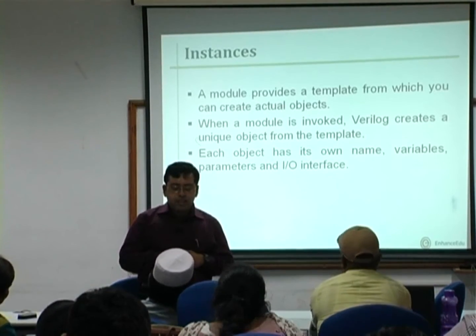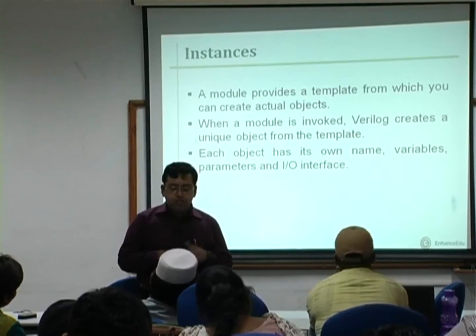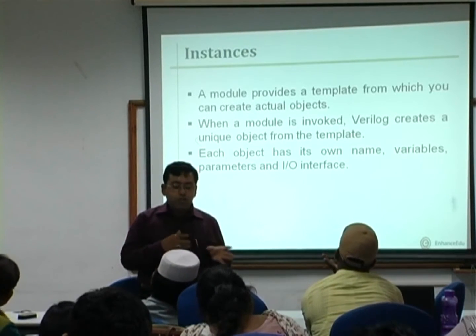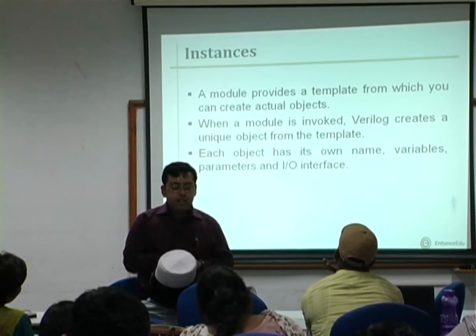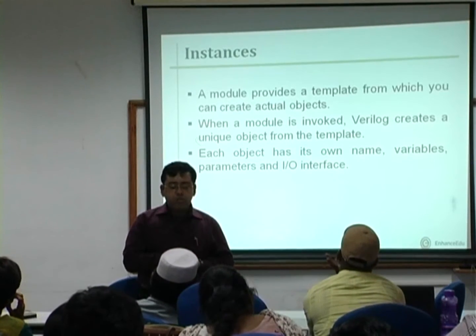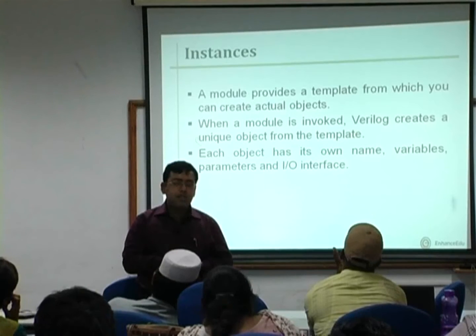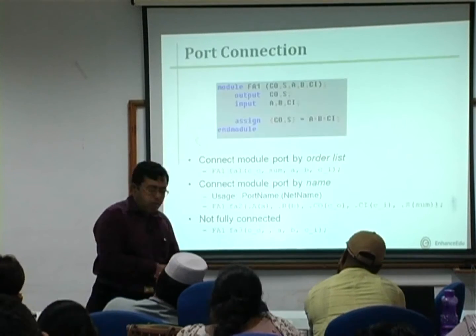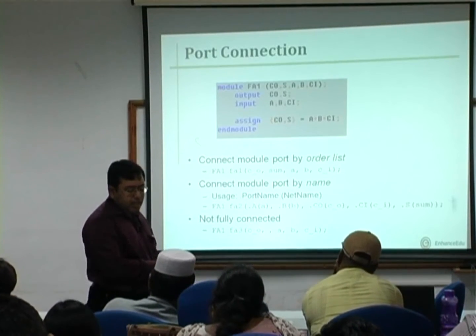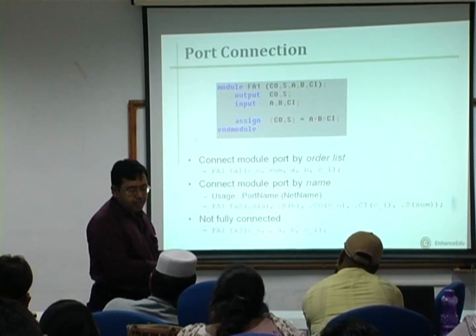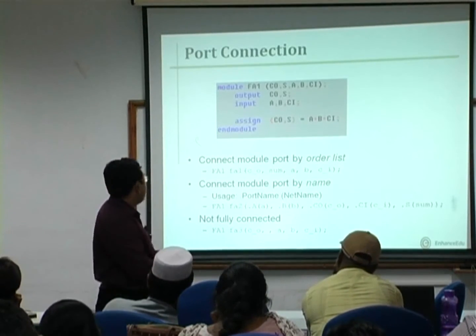When a module is invoked, Verilog creates a unique object from the template. Each object has its own name, variables, parameters, and input-output interfaces. Now, how can we really define the interfaces of the modules?